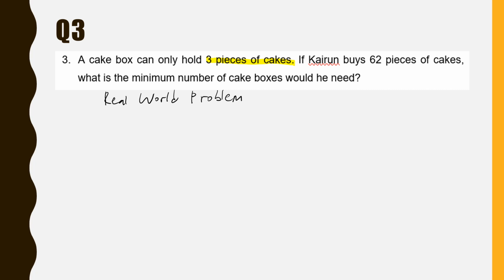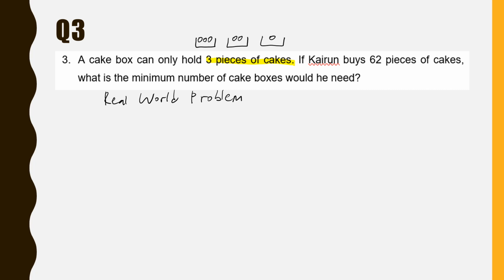Can it hold no pieces of cake? It can also, but why would you do that, right? So a cake box in this story can hold either 3 pieces, 2 pieces, or 1 piece. Look at what I just drew. So it's possible for the cake box to hold 1, 2, or 3 pieces.